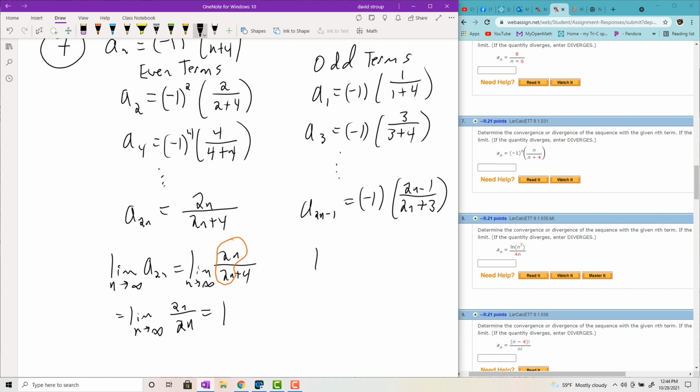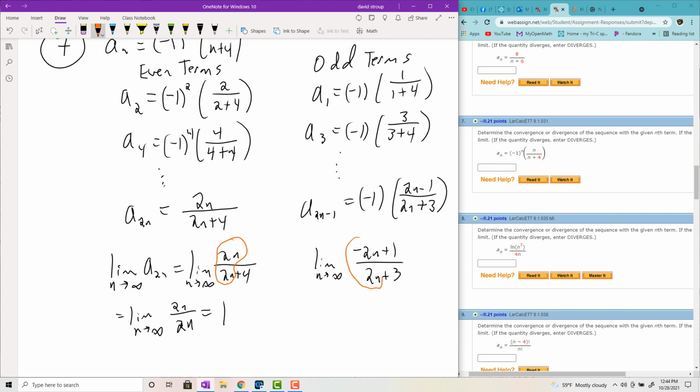And again, if you take the limit of these odd terms as n goes to infinity, you end up with -1 times 2n minus 1. So let's distribute the negative into the numerator. You get -2n plus 1 all over 2n plus 3.